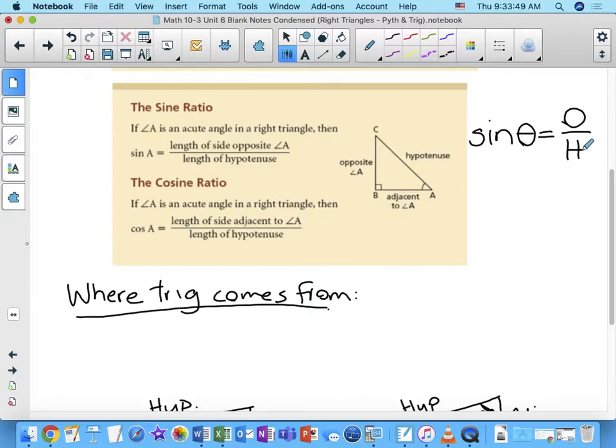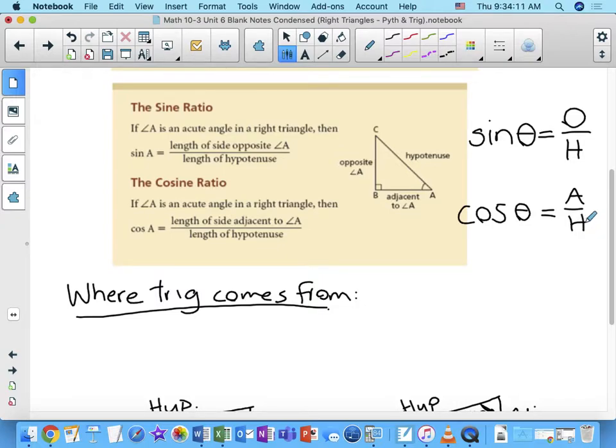Okay. Now the second way that we paired things up was the adjacent and the hypotenuse. And that's called the cosine ratio. The cosine of a particular angle is the ratio of the adjacent side to the hypotenuse.